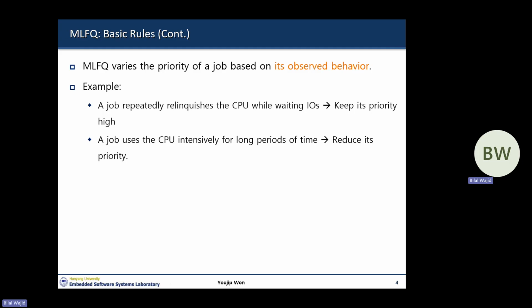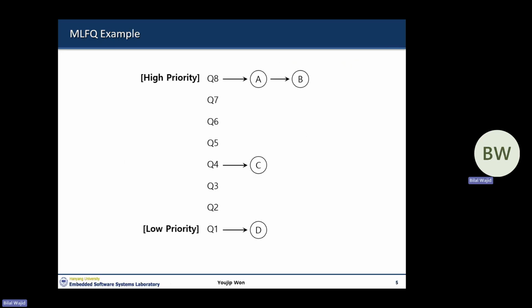In that case, because it exercised good behavior, the OS will retain it within its priority level. But if a job says, I am going to use all the time allocated to me, I was allocated 100 milliseconds and I'm going to use all of it, then the OS will say, this one is very aggressive.